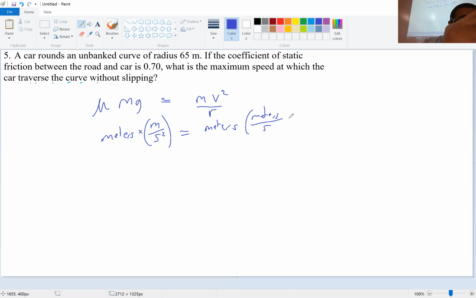Hang on. Okay, so I'm going to leave that how that is, squared. Then you got meters here, right? Because we've got radius of meters. Make sure I'm doing that right.